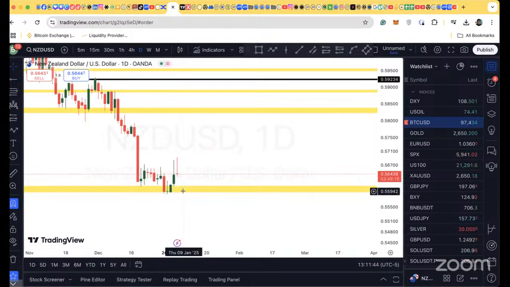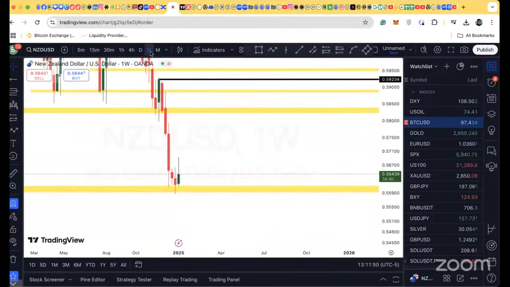This support is holding this price, and this move is about to kickstart from here. If you go a little bit backward, like weekly, you notice that we need to see the whole of this week end in bullish engulfing, and we need a pullback that will come back for our entry at the support level at 0.5611. That's what I notice here, and I'm sure everybody can see that too on the weekly.